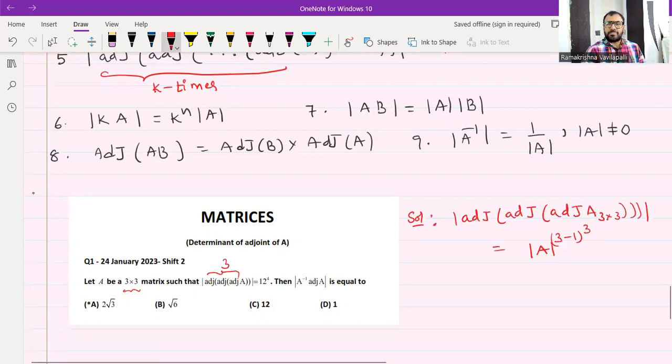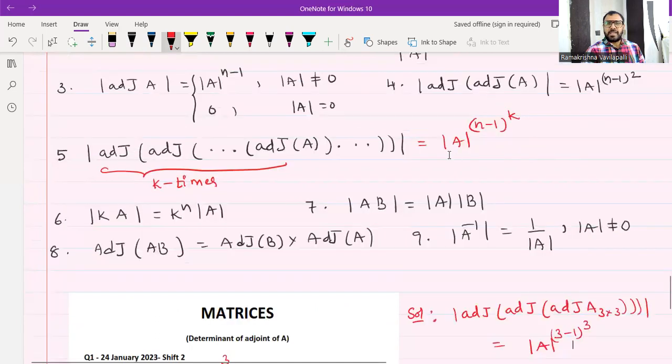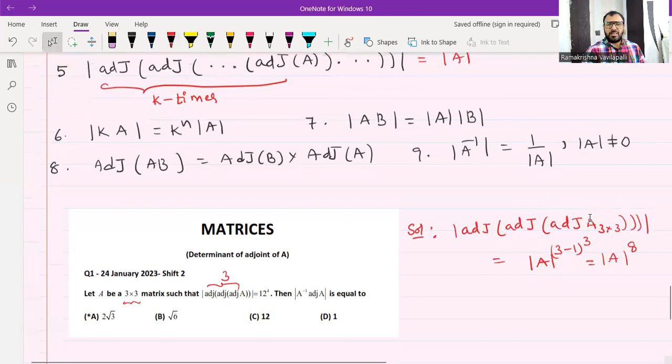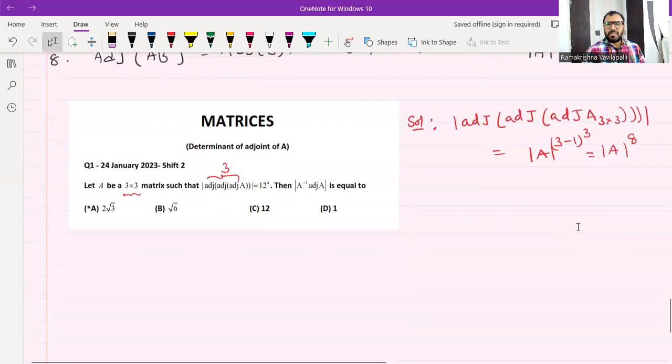So here you can see, it is det A whole to the power of n minus 1 K, if there are K adjoints. So this is equal to det A to the power of 8. Now the question is very simple.